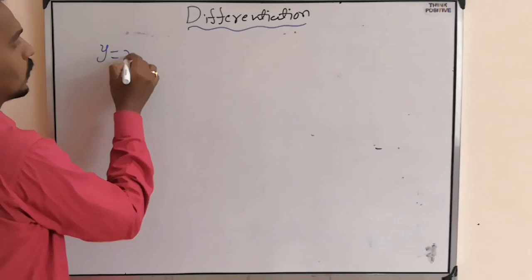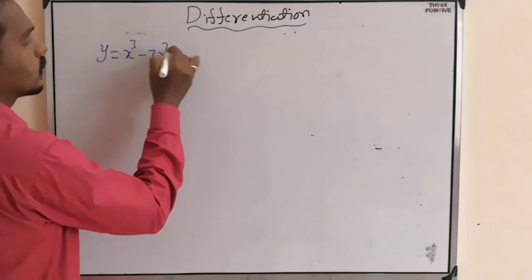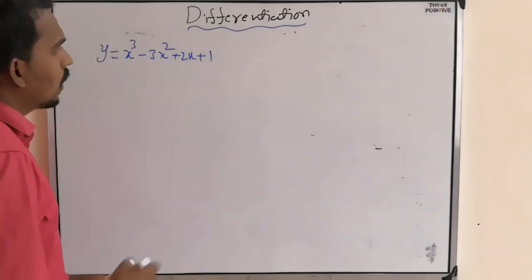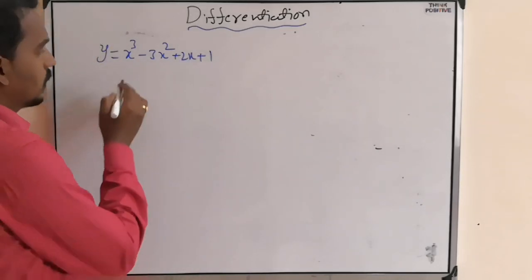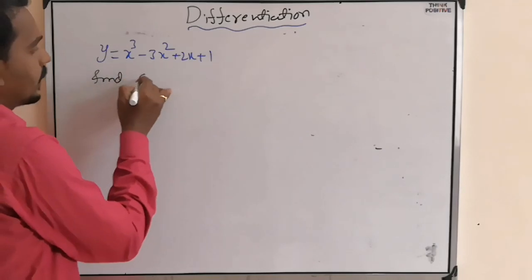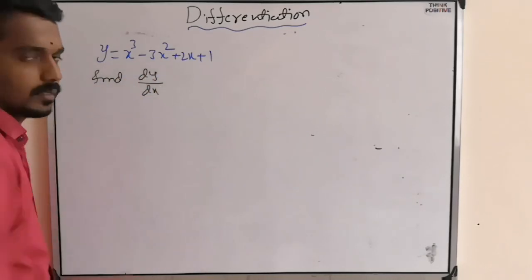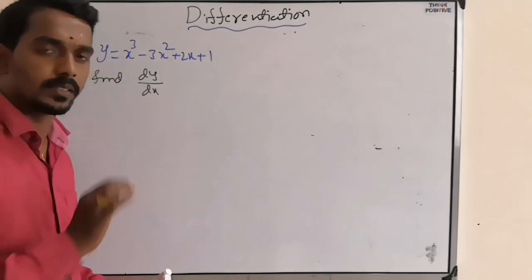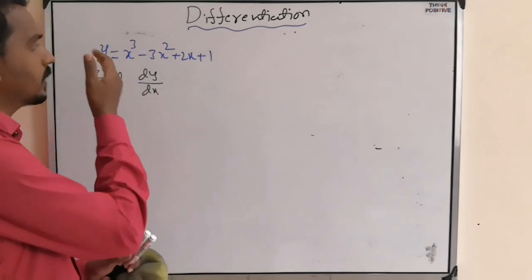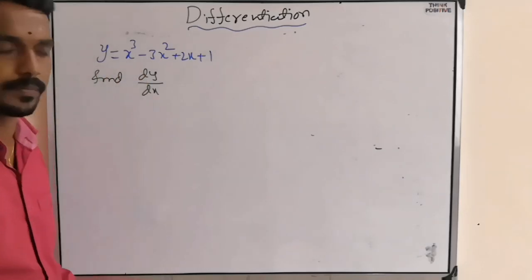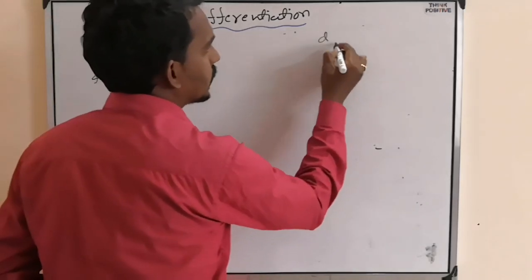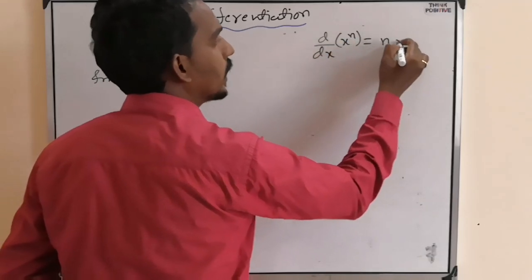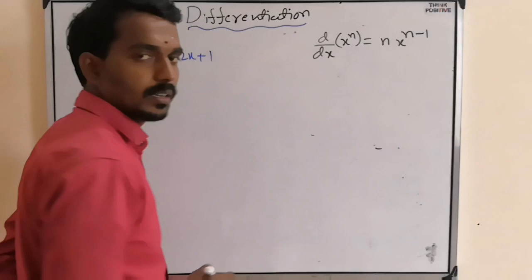Like y equal to x cube minus 3x square plus 2x plus 1. To solve here multiple terms, they are asking find dy by dx. Because here y is depending on which variable? X. So you can find differentiation of y with respect to x. So you need to take this formula, d by dx of x power n equal to n into x power n minus 1.